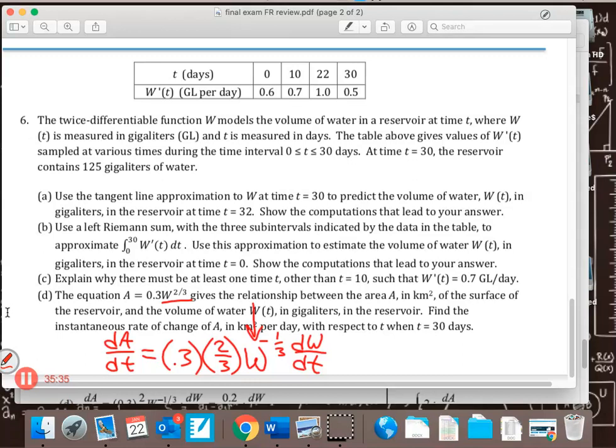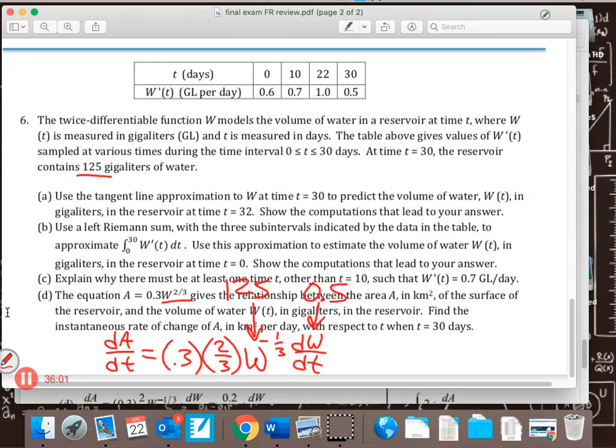So at t equals 30, does that mean I plug in a 30 for w? What do I plug in for w when t is 30? 125. 125, because that's what w is when t equals 30, right? And then what do I plug in for dw/dt when t equals 30? 0.5. 0.5, because that's what dw/dt is when t equals 30. Does that make sense? Yeah.